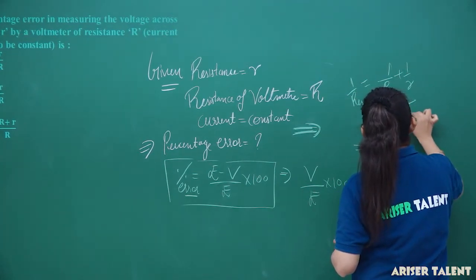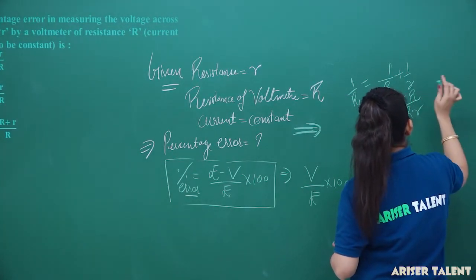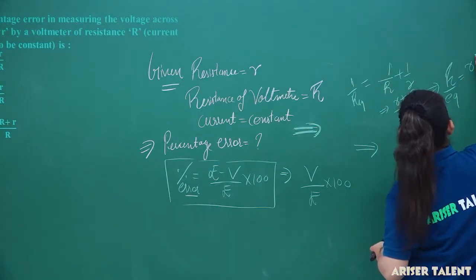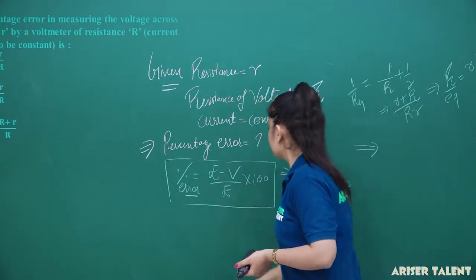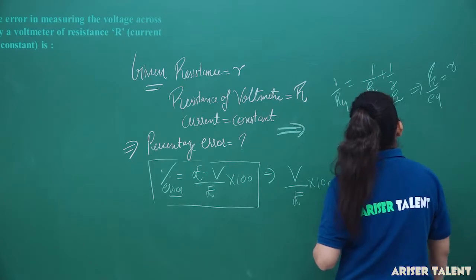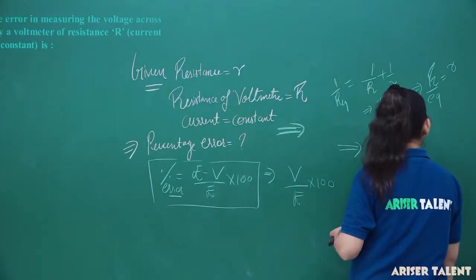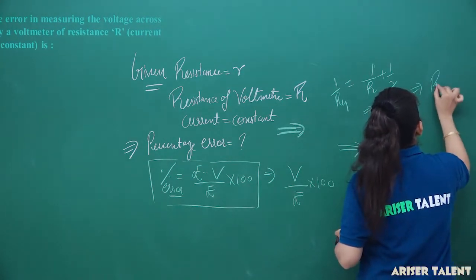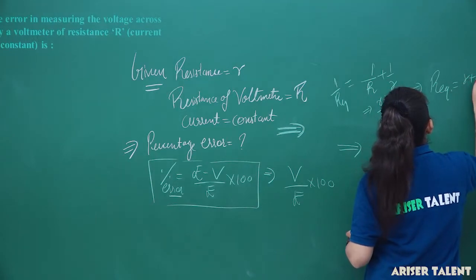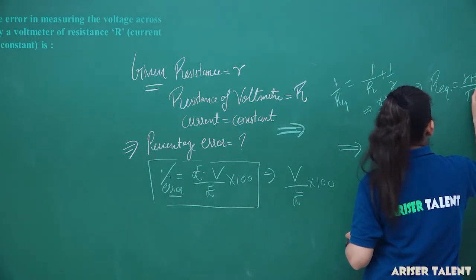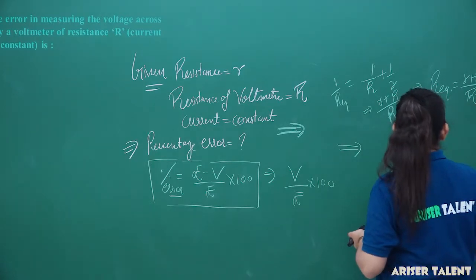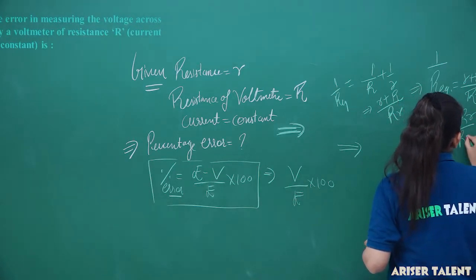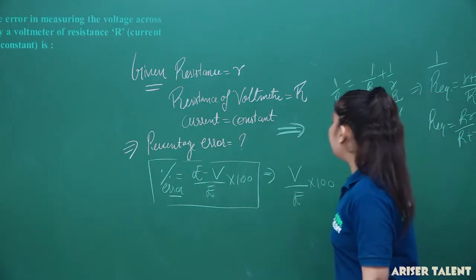Then the LCM will be Rr, and you are getting R plus r upon Rr. This is 1 upon R equivalent, and R equivalent came out to be Rr upon R plus r. So, this is the value we are getting here.